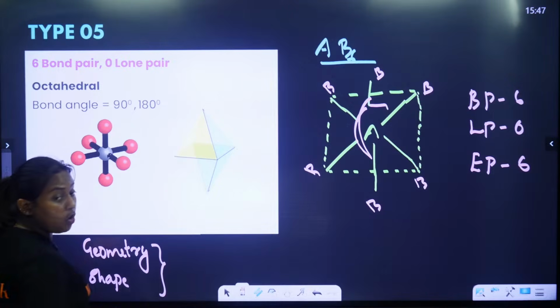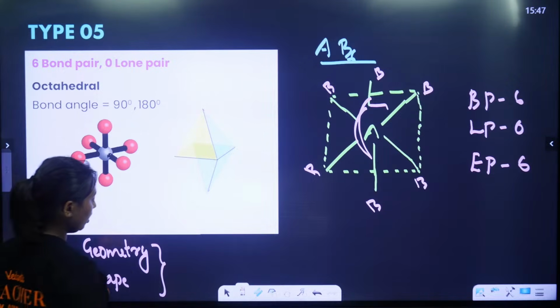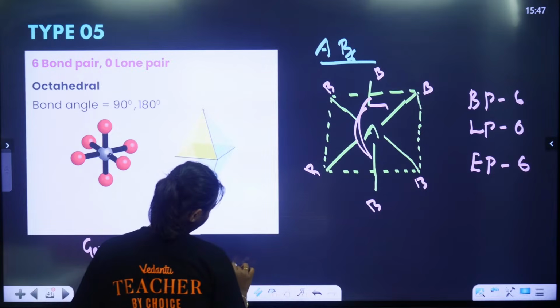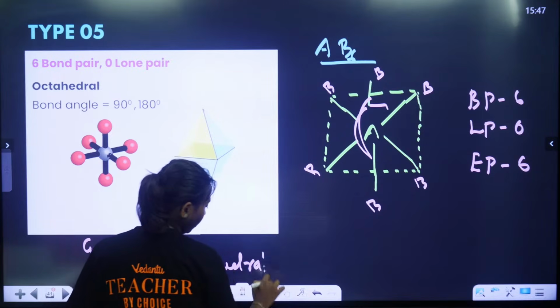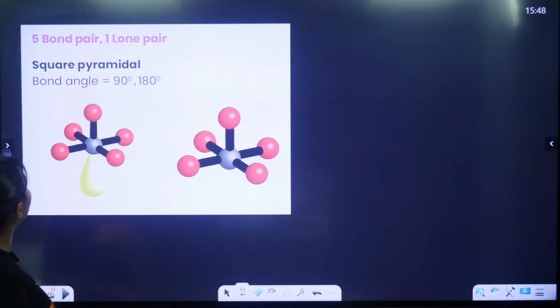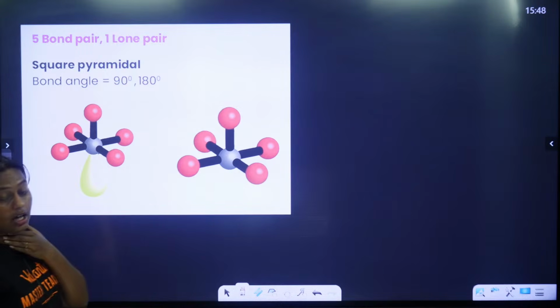Geometry and shape is octahedral. So next we are moving to 5 bond pair and 1 lone pair.